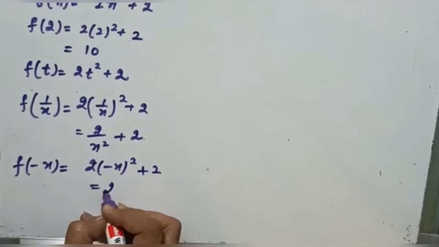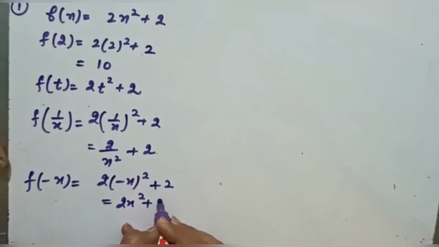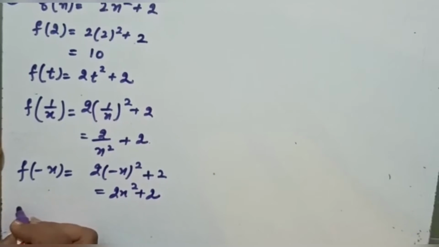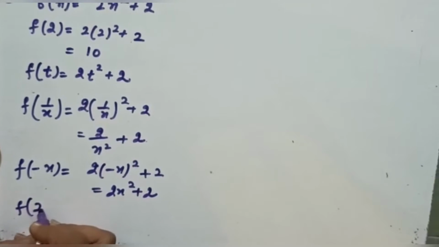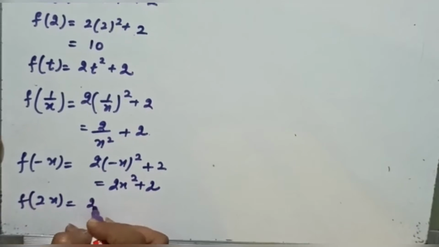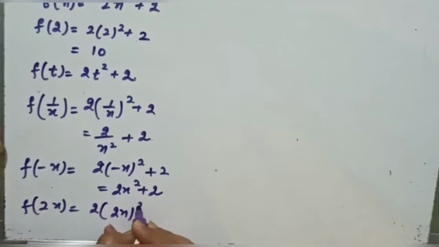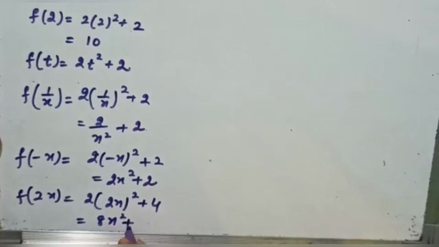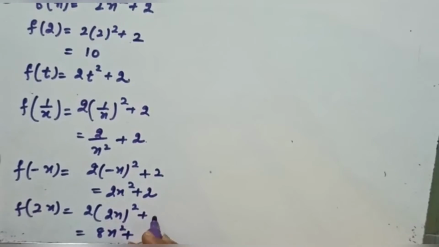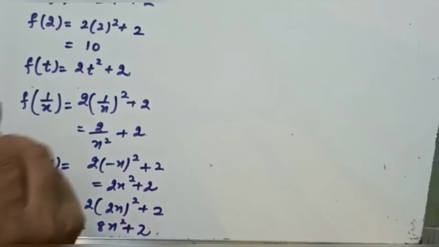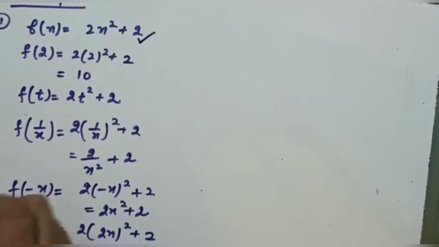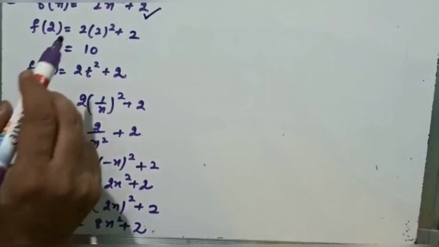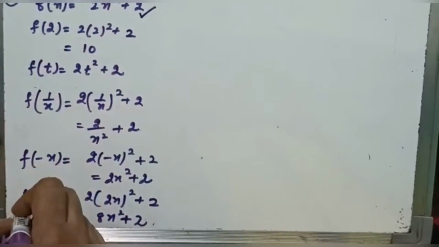That means the answer is 2x square plus 2. Same if we want to write f of 2x. Replace x by 2x. That is 8x square plus 2. So this is the meaning of function. If any function is given to you and you want to find the values, we have to replace x by that value.